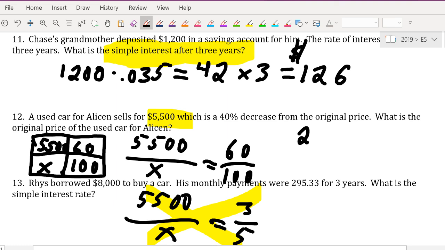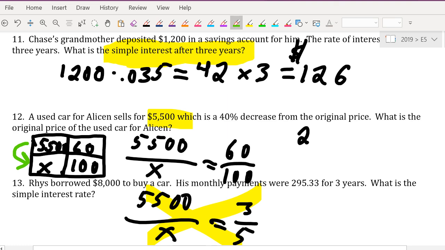Why would it be 60 instead of 40? Chadwick, you want to explain? Yes. Since it's 40% and it's decreasing, 60% would be the original. It's because what percentage is 5,500 over x, out of our mystery number?